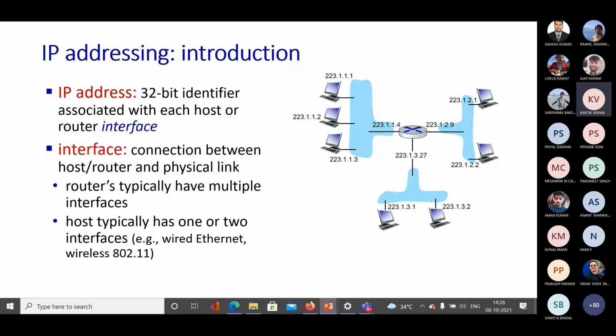If you have a device, how you are getting connected to the physical link or the medium through which you are actually transferring the data, that is known as your interface. A router also has multiple interfaces. And what about the devices that you have in general?